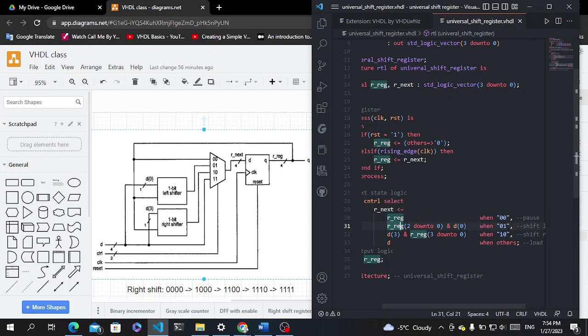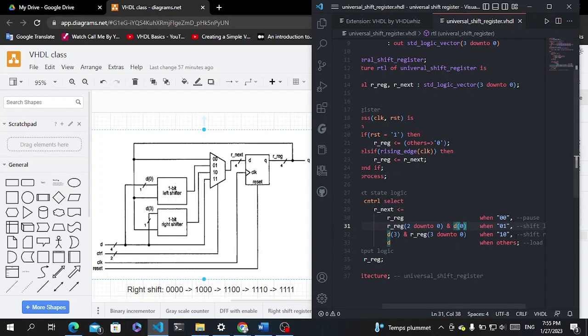However, when we have 0 1, then we shift left, where we basically take the less significant bits of our register, of our output, and we shift it left.